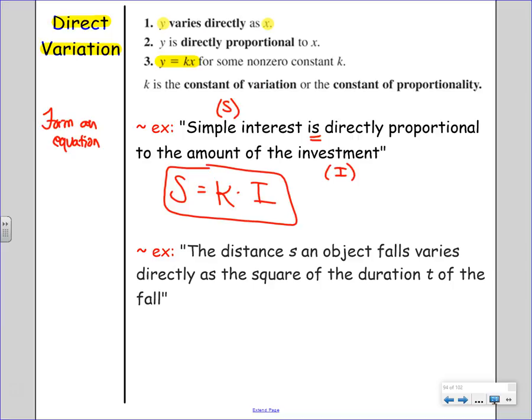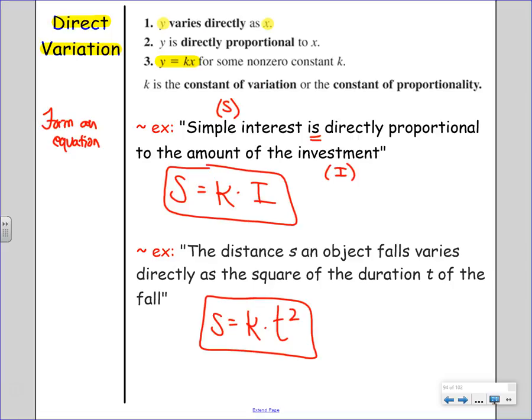Then on the second example, what do you guys say? This time they give us variables, we don't get to choose. What would the equation be? Close. S does equal K times something. I gotta read the directions. The square. That's one thing.